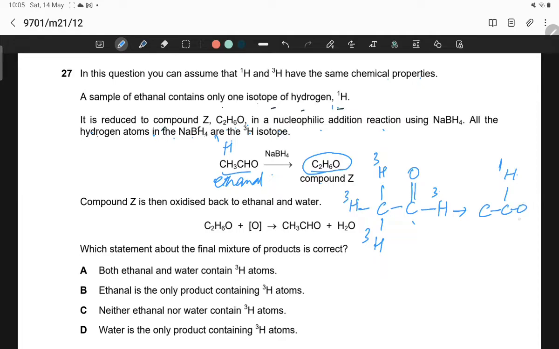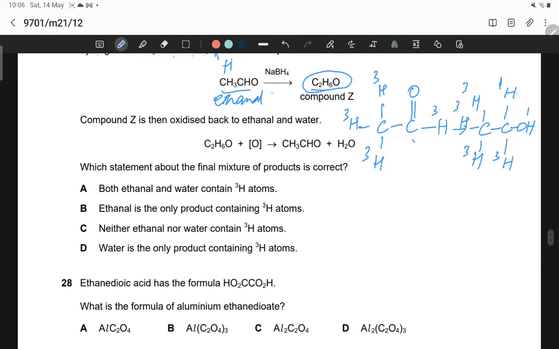O, so this is again oxidized. CH3, CH1, H3 and OH1.